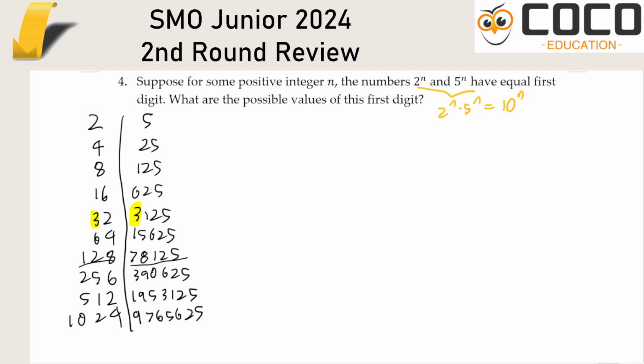But as it went up from 1 to 2, this sort of went down from 78 to 39. So it makes sense that they are trying to complement each other in order to get a power of 10.